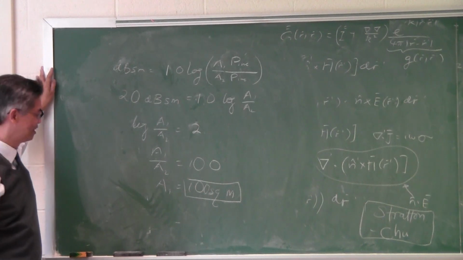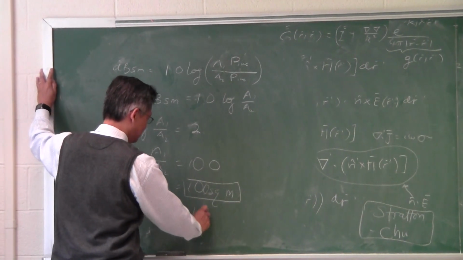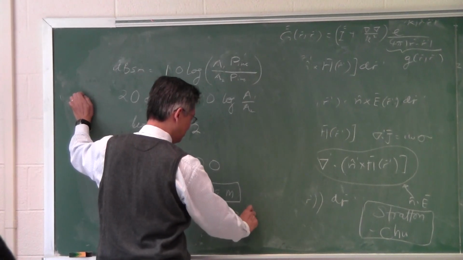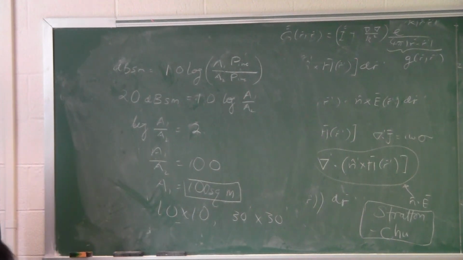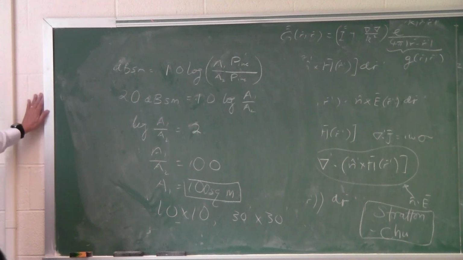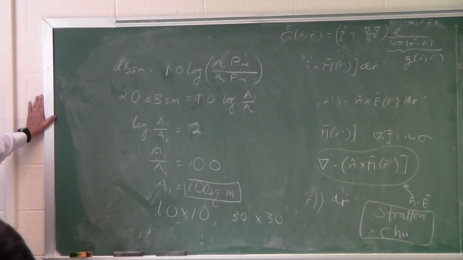100 square meters is 10 by 10, which is about 30 feet by 30 feet. It's a huge object. I don't think that area is actually the physical area, it's the area that it appears to have, that has intercepted the energy. I think it also has to do with how fast it might be traveling. For example, a fighter jet is 100 meters squared, but a car is also 100 meters squared.